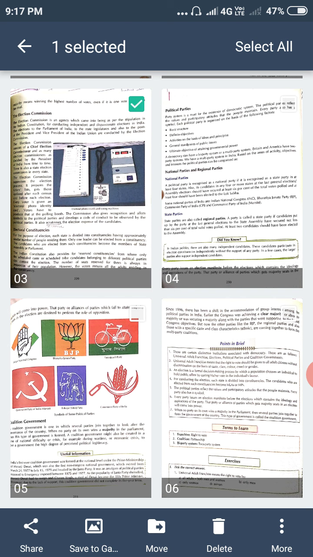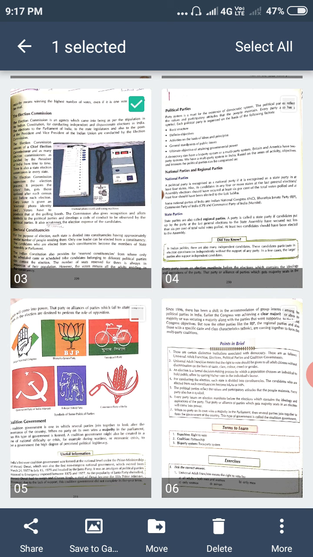So if any party wins 251 seats, then only he wins the majority. Now in case not even a single party fulfills this condition, किसी को भी majority नहीं मिलती है, then what will be done in this case? In that case, several parties join together to form the government.